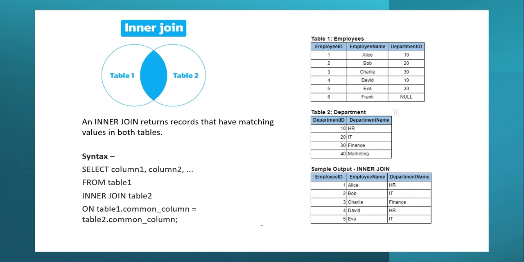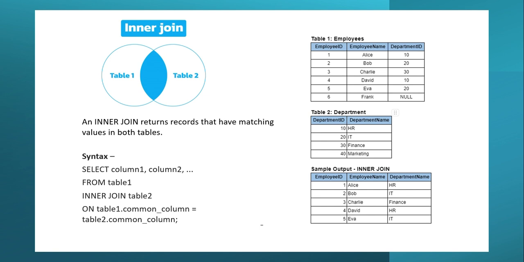Similarly, Charlie with employee ID 3 has department ID 30, which matches with the finance department. Similarly, David with employee ID 4 matches with the HR department. Eva with employee ID 5 has department ID 20, which matches with the IT department.